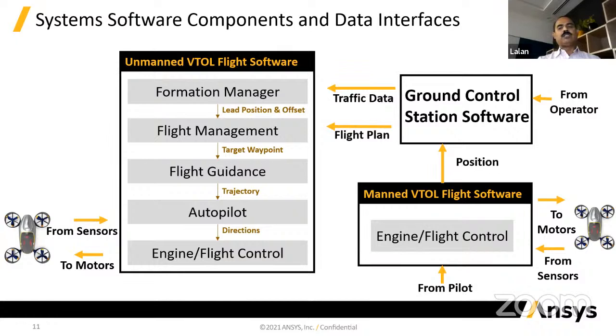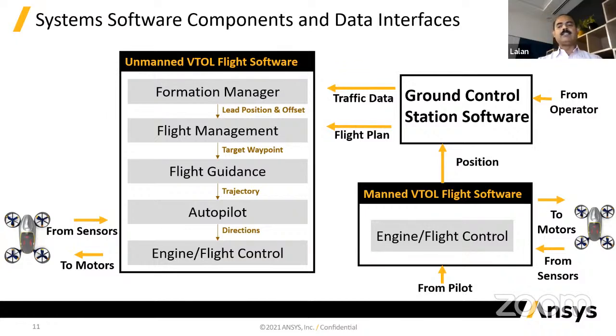Now let's focus on the unmanned flight software. There are different software subcomponents from top to bottom. The formation management processes the traffic data and transmits the lead position with the offset. The flight management software processes the flight plan and computes the target waypoint according to the flight mode.